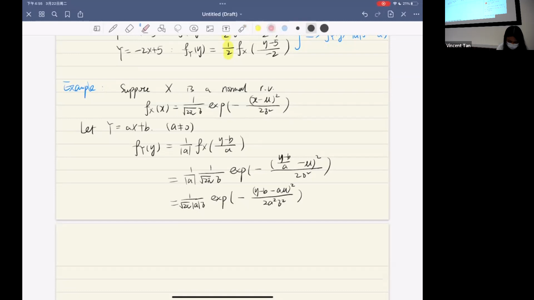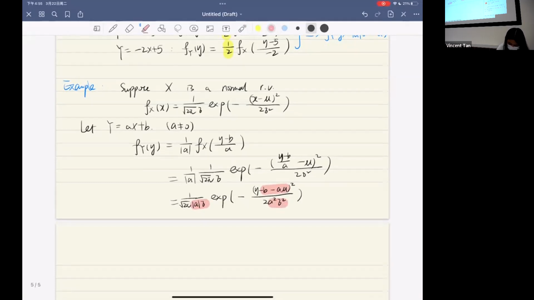And actually this term is the variance and this is the mean here. So we can say that y is also a Gaussian random variable with mean a mu plus b and variance a squared sigma squared.